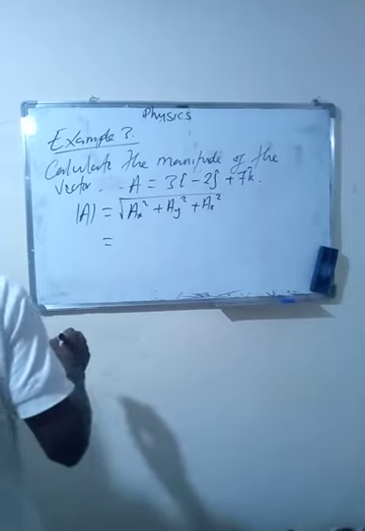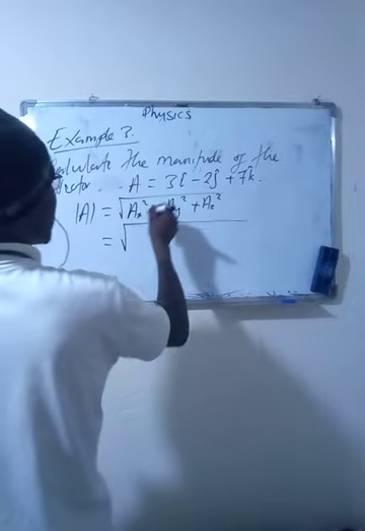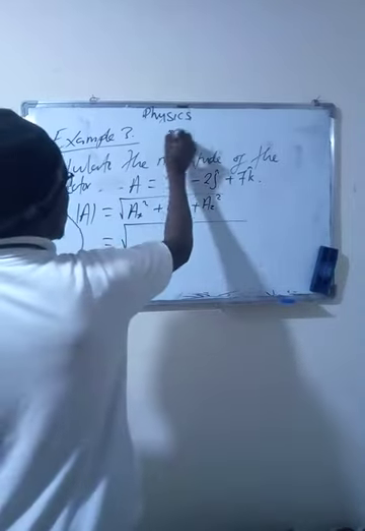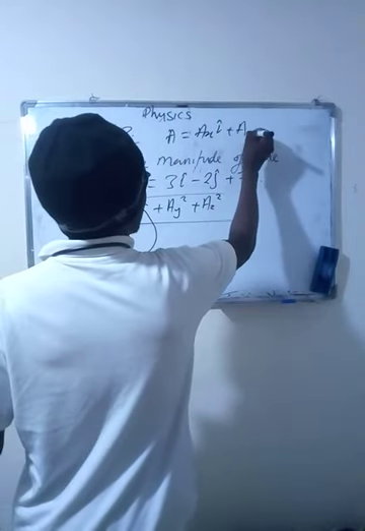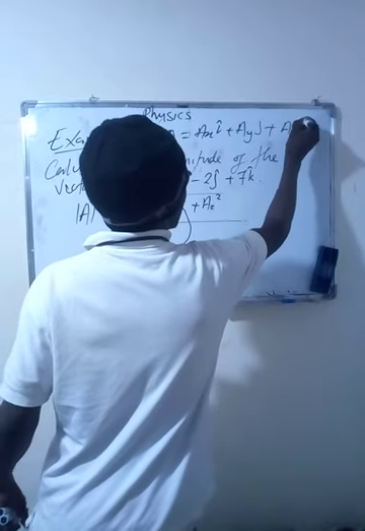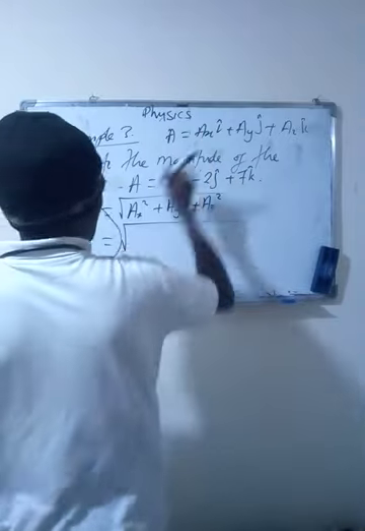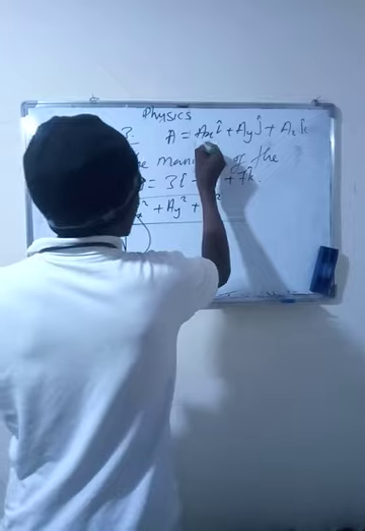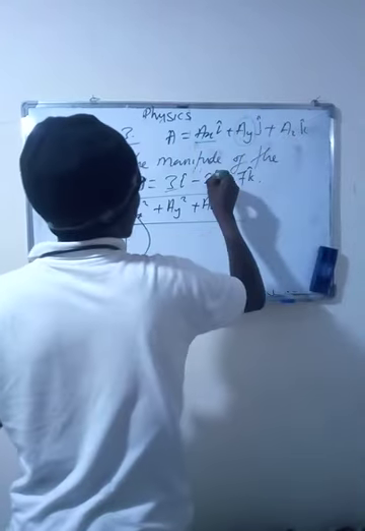So ax is the coefficient of I, ay corresponds with the negative 2 together with its sign, and az corresponds with the 7. So this is going to be equal to the root of 3 squared plus negative 2 squared plus 7 squared.